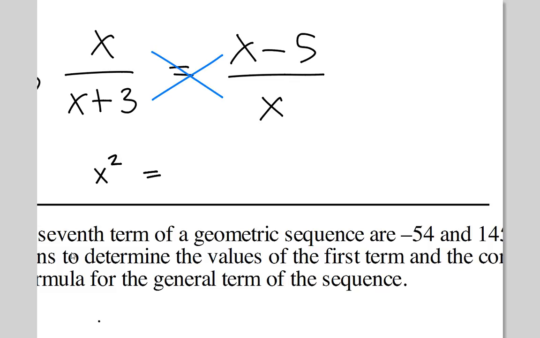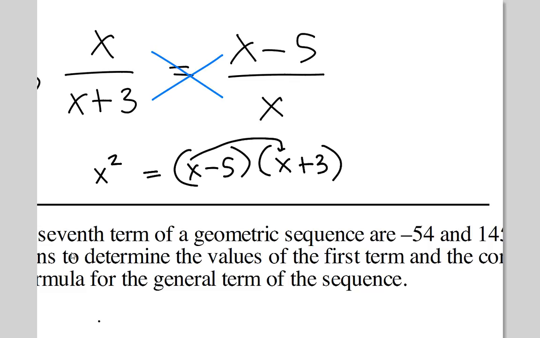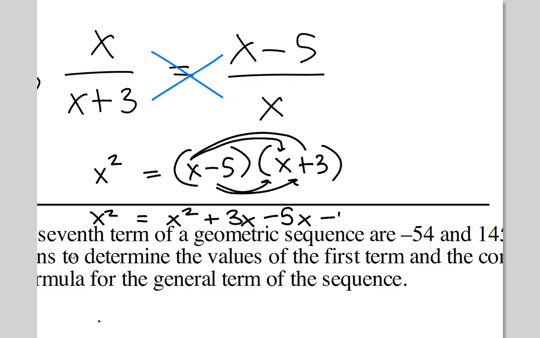And then over here you get, polynomial review. You have to FOIL that polynomial. All right. We got x squared. We got 3x. We got negative 5x. And we got negative 15. This should be no problem for a 20-1 student. Okay.